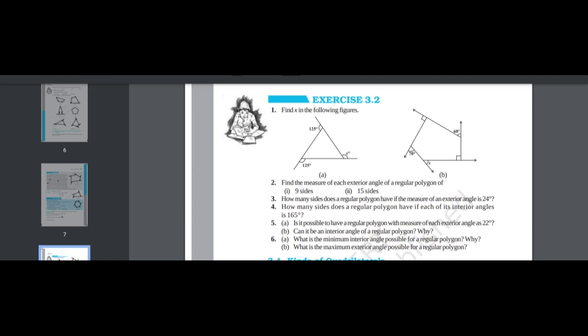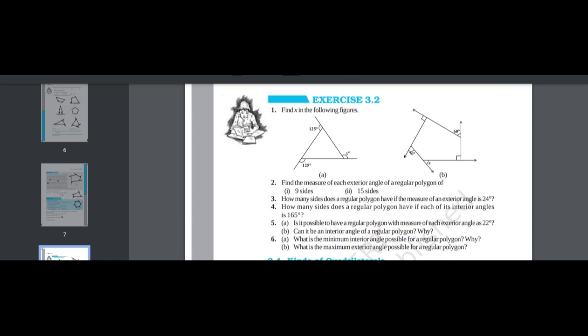Question number 4. How many sides does a regular polygon have if each of its interior angles is 165? Now this is a different question. The previous questions were about exterior angles, but now we have the interior angle, 165, and we have to find the exterior angle.